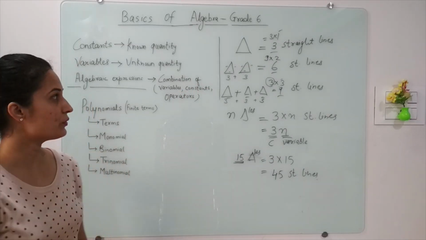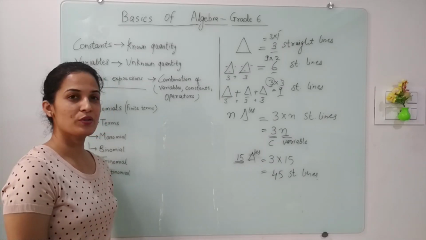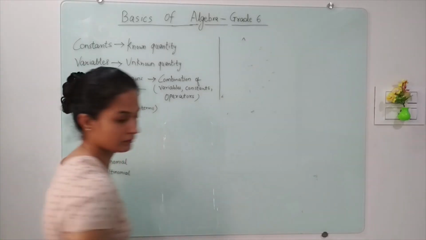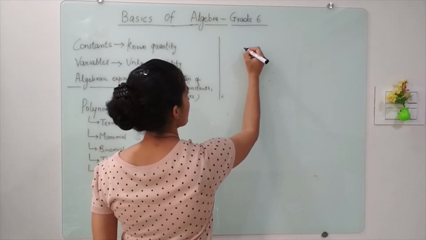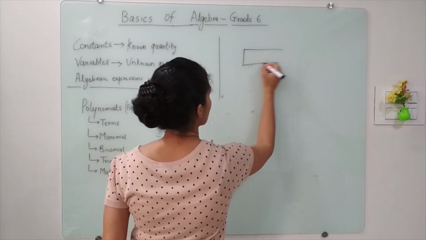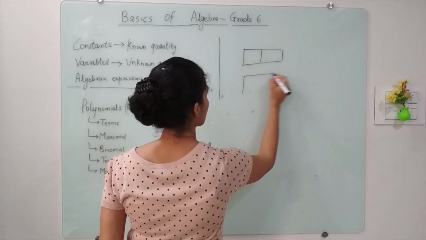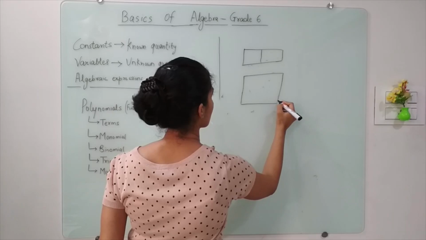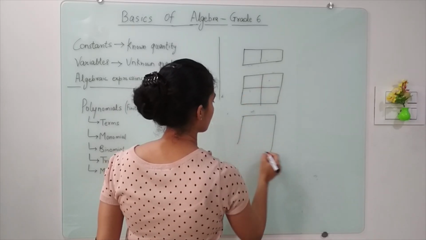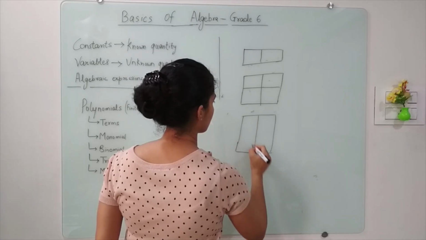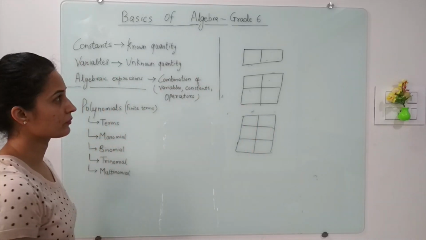Now I am going to take one more example, one more pattern, and you are going to answer for that pattern. Let me take an example of square boxes. This is a pattern.